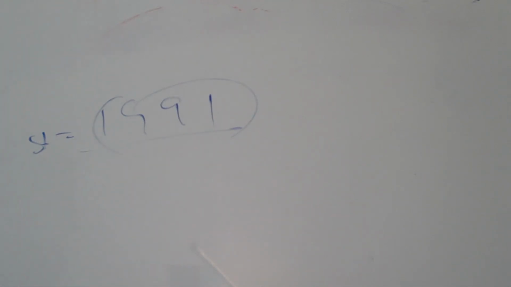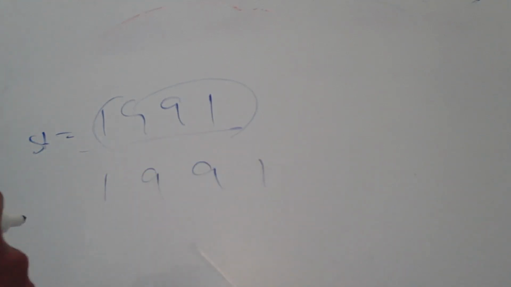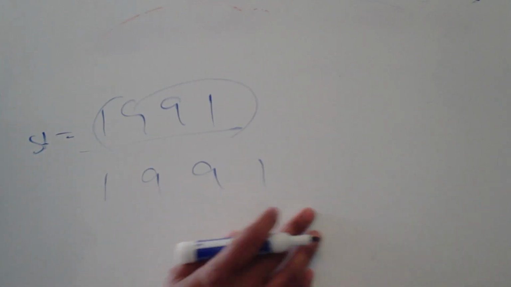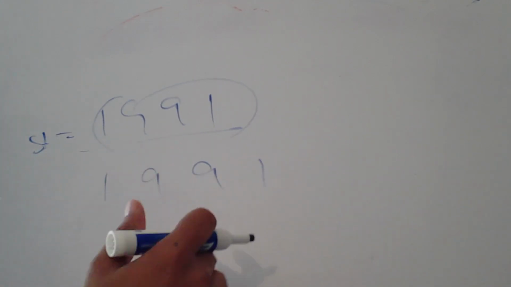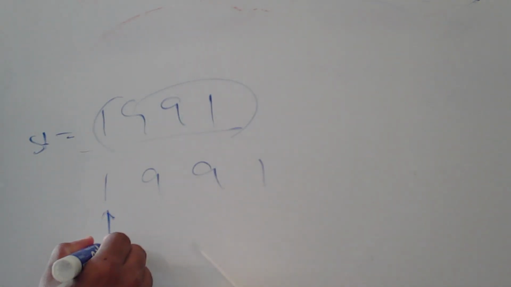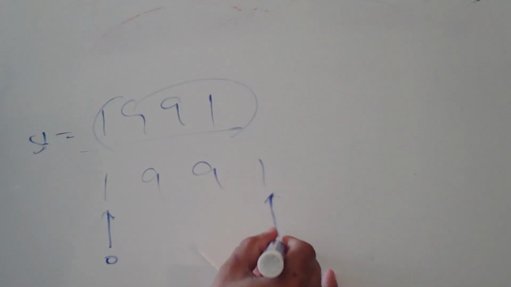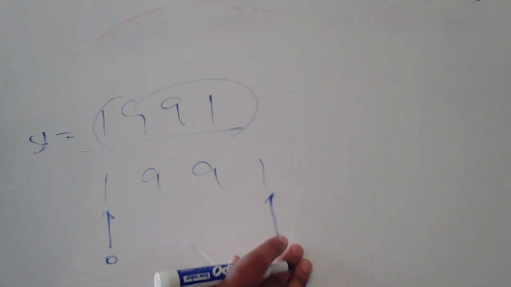So how are we going to find it? Since in a palindrome, if we go from the left or from the right, we're going to get the same numbers, we're going to use a two-pointer trick. We start one pointer at 0 and one at the length minus 1, that is 3 here.